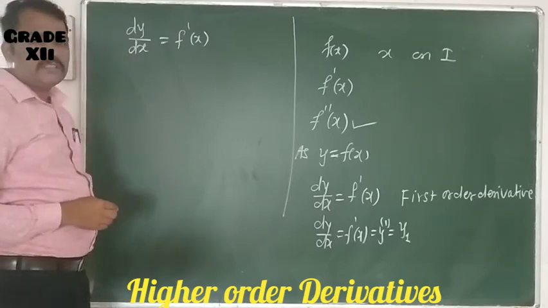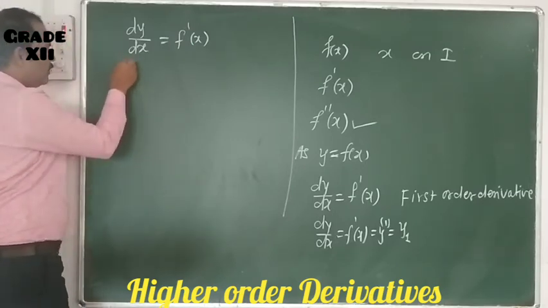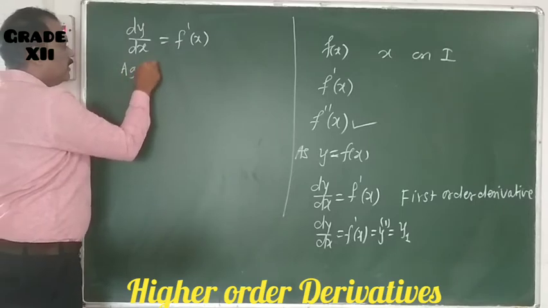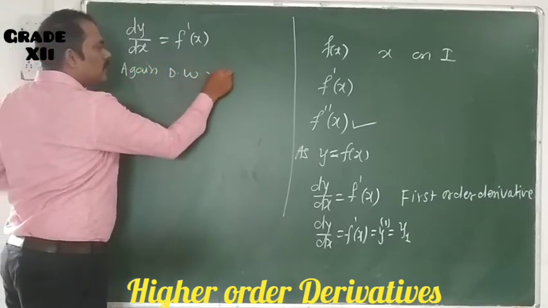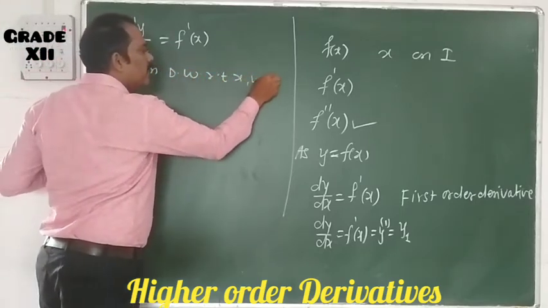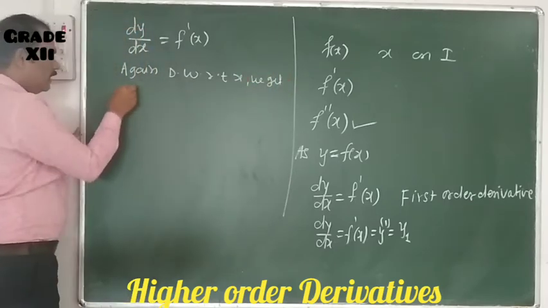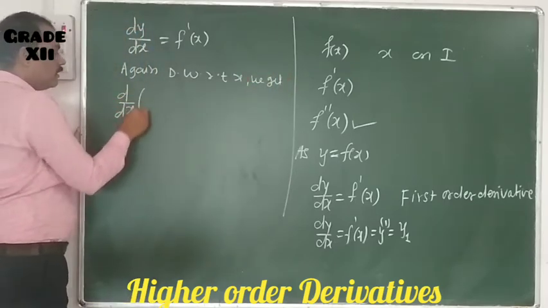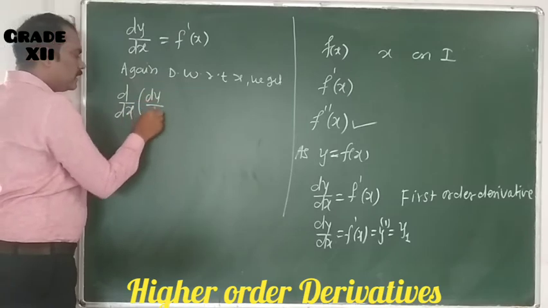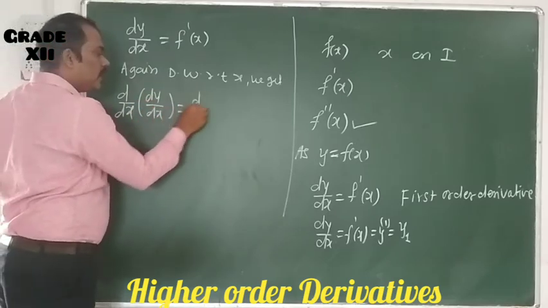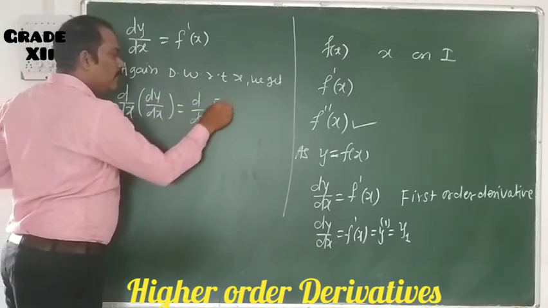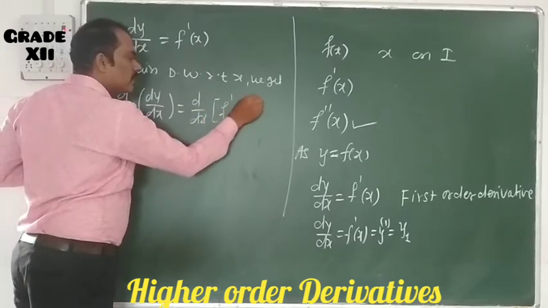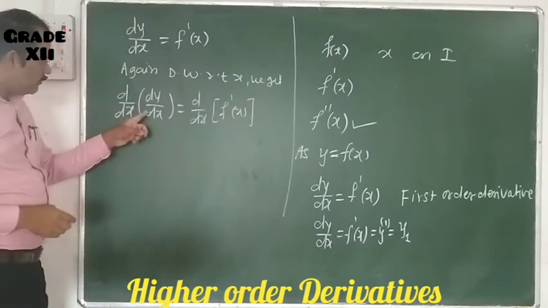We take the second time derivative, so we again differentiate with respect to x, and we get d dx of dy by dx is equal to d dx of f dash of x.